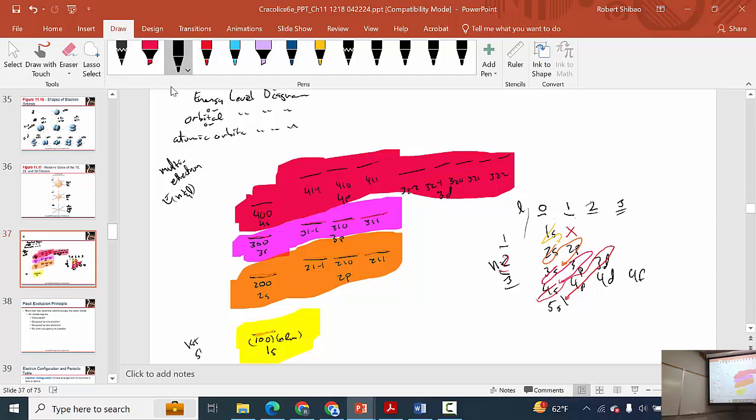The first shell, second shell, third shell, fourth shell.